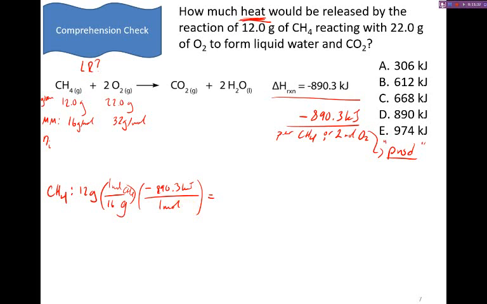That's going to release 667.73 kilojoules.